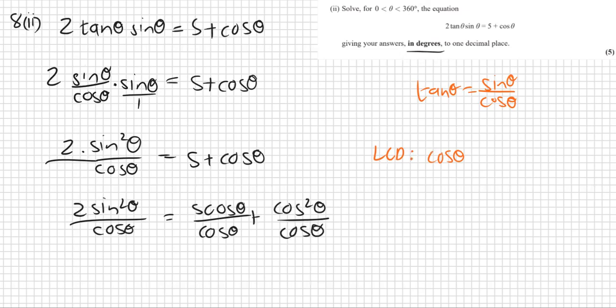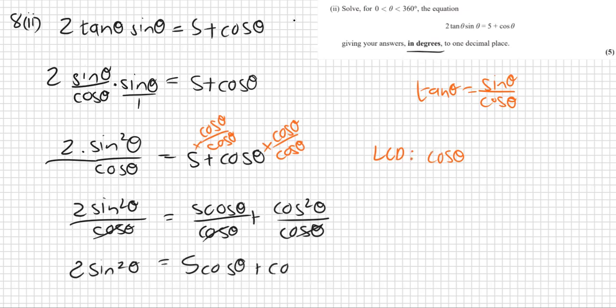So we times top and bottom by cos theta. Okay. Now all the denominators are the same, we can drop them. So we have 2 sine squared theta equals to 5 cos theta plus cos squared theta. Looking good, looking good.